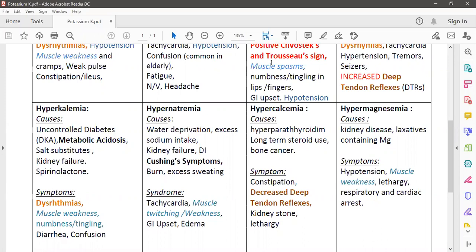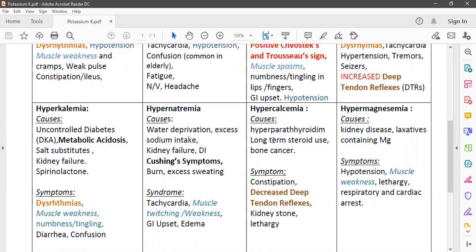Prolonged immobilization, or any malignancy of the bones, and the patient develops hypercalcemia. Long-term steroid use and bone cancer also cause hypercalcemia.